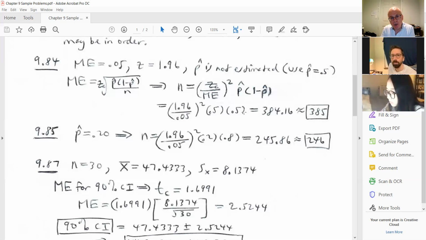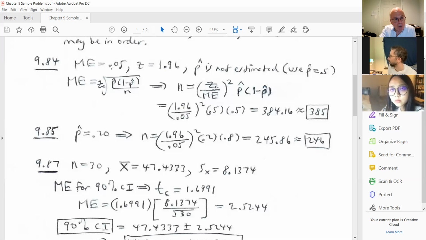So the way to figure this out, if you're estimating a population proportion in your confidence interval, is to use this formula here. ME is my symbol for margin of error. The book uses a small e, I think, but whatever you want to use is fine. I like ME because it means margin of error.